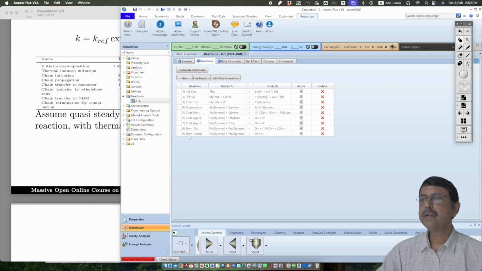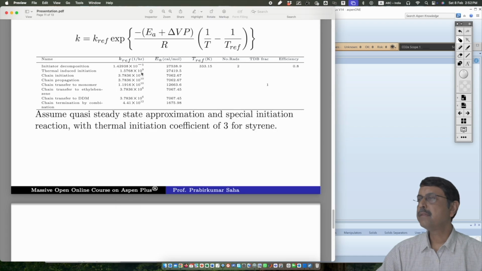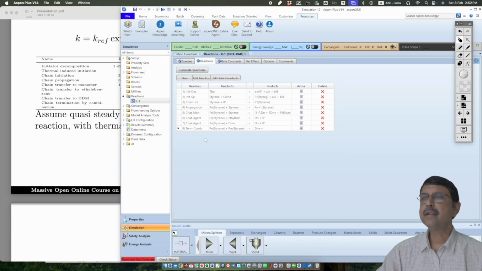So we have term comb, but we do not have term dis. So this particular equation we can omit, we can delete this equation. That way we have 8 reactions, so we have 8 reaction informations over here.